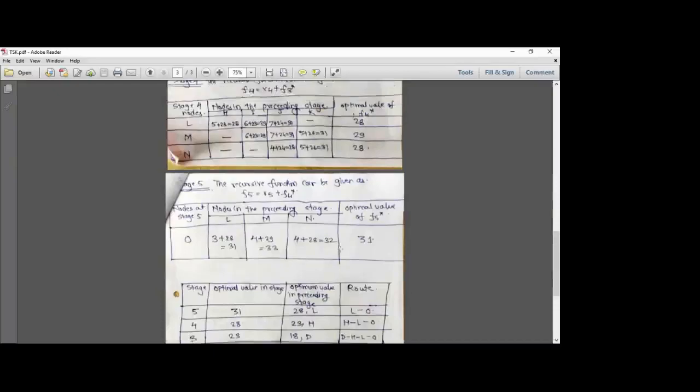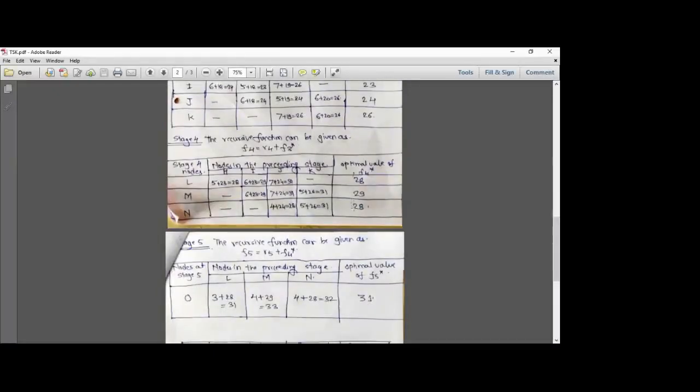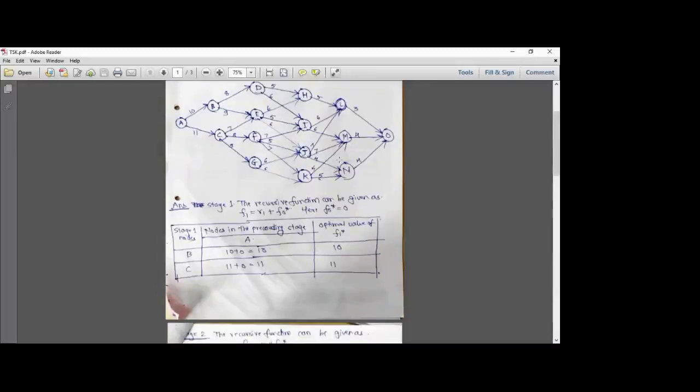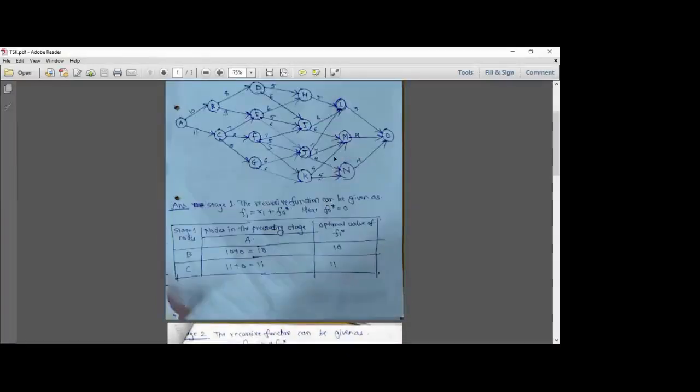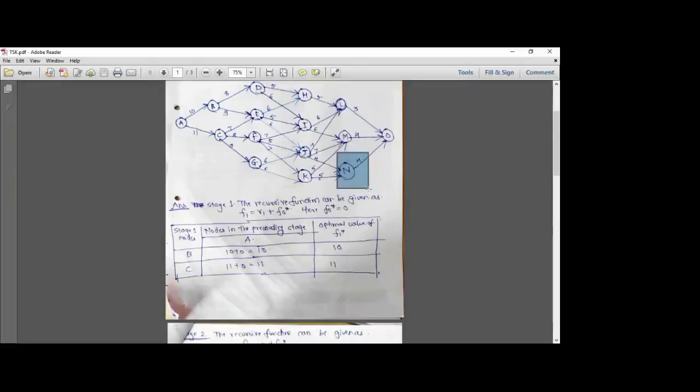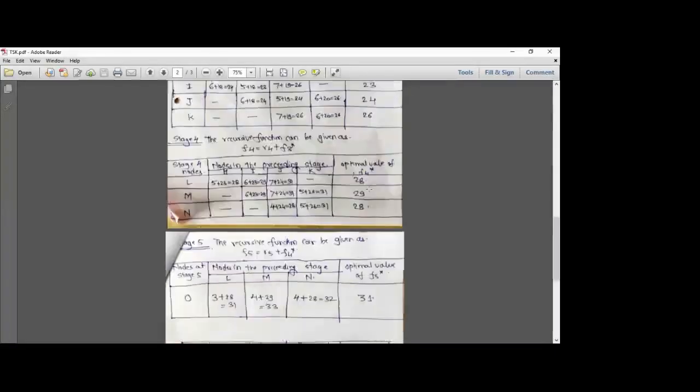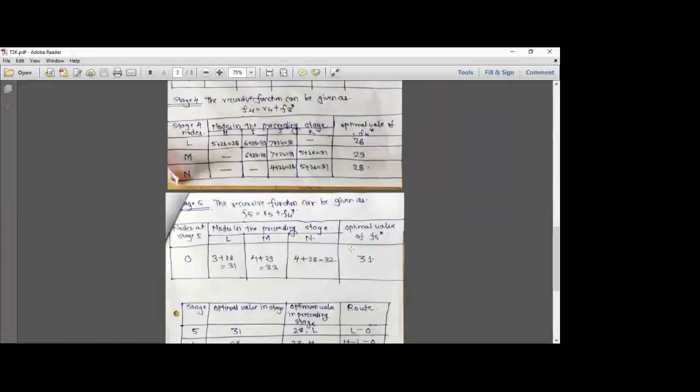Now let's move towards the node N, right? N also has 28 as the least value. So if I'm here at N, my value is 28, and I have to reach O. But to reach O, I have to invest 4 units. So 28 plus 4 is equal to how much? 32. But what we know is that the least time that will be required is 31. So can we accept 32 as a value?